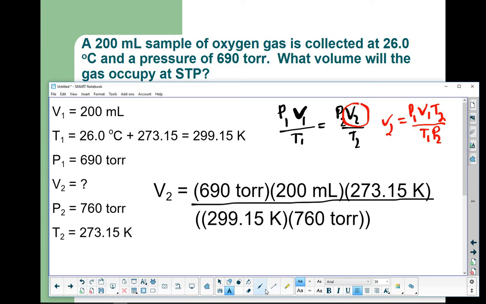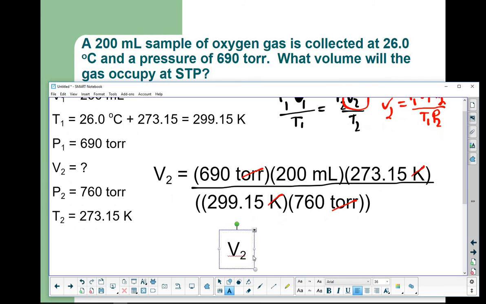So double checking, making sure my units cancel out. Torr cancels with torr, Kelvin with Kelvin. So as I multiply through I am going to get milliliters, which is what I want. So my V2 will equal some amount in milliliters.